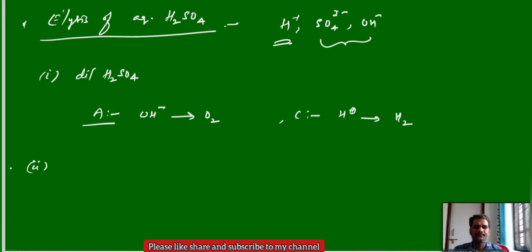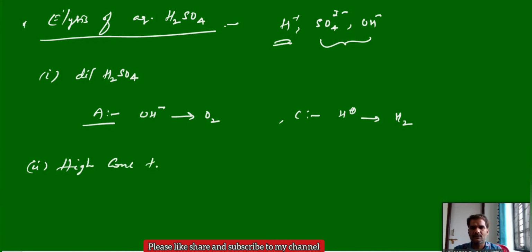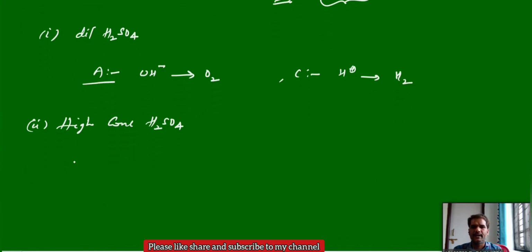But the second one, when you use high concentrated H2SO4 instead of dilute H2SO4, then what happens at anode? There are two reactions, OH minus and SO4 2 minus, but high concentration means there is more availability of sulfate ions.